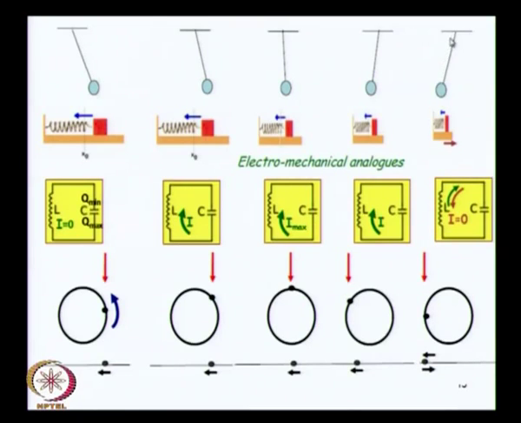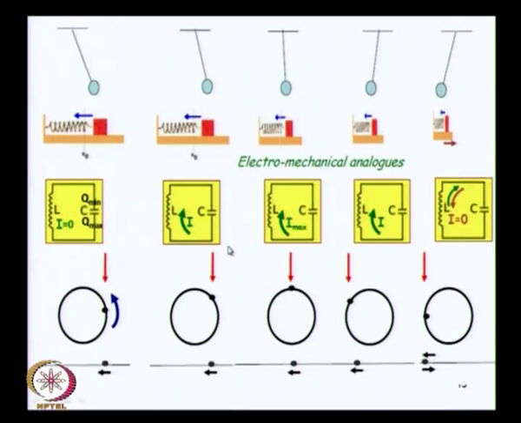At the extreme position on the left, when this pendulum has come all the way to its leftmost orientation, the current will come to 0, and then it will start flowing backward, and this will set the whole system, whether it is a pendulum or a mass spring oscillator or an LC circuit or the shadow, into oscillation.